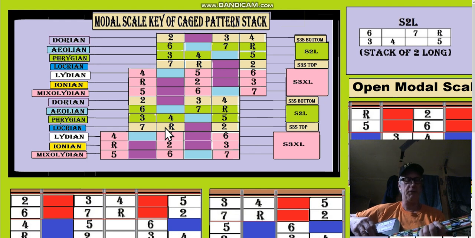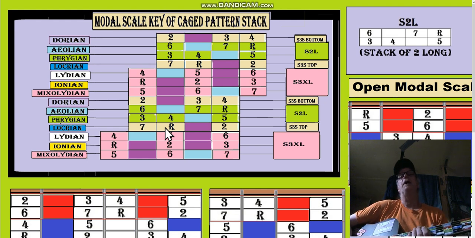That's B flat, C, and so that would be the key of F. Anyway, the point is you get a little something going in that.